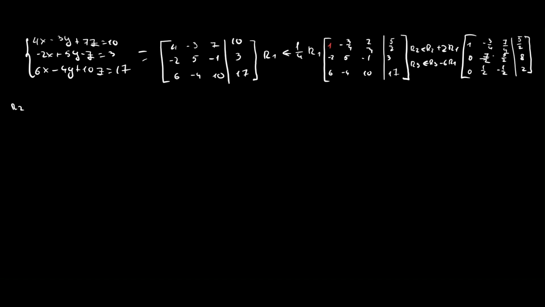So first we're gonna make the pivot number as 1 in column 2. And now we're gonna eliminate this 1 over 2.